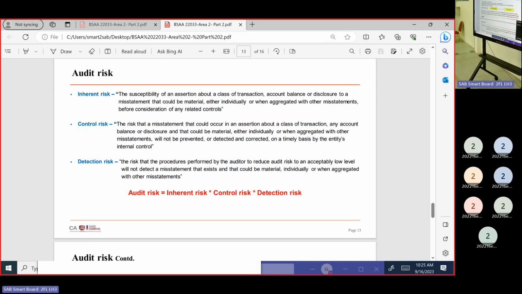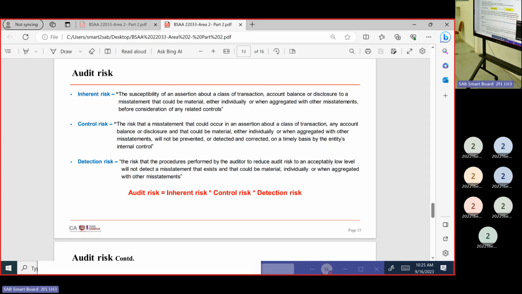Inherent risk higher, control risk, not rely on control. Inherent risk lower, rely on control. Inherent risk lower, don't rely on control. Right? 2 different risks can develop 4 different scenarios.